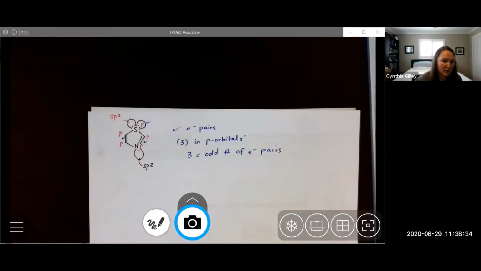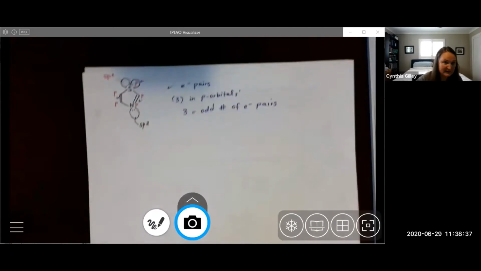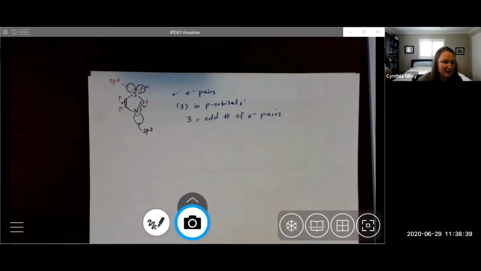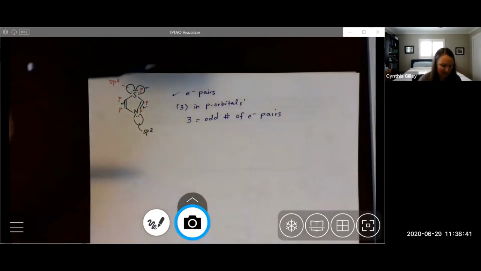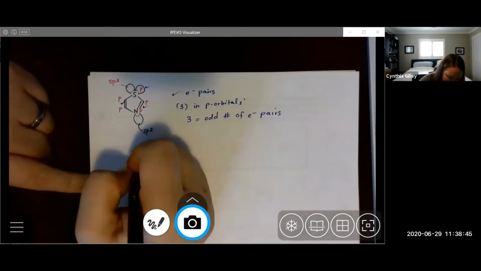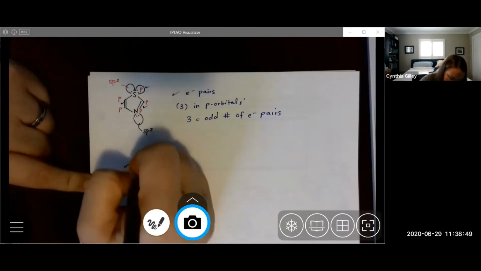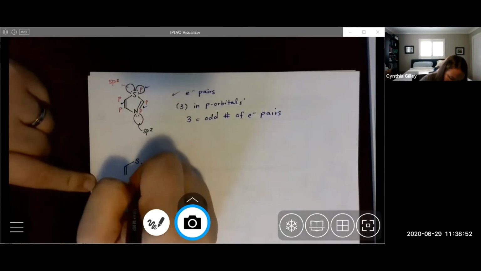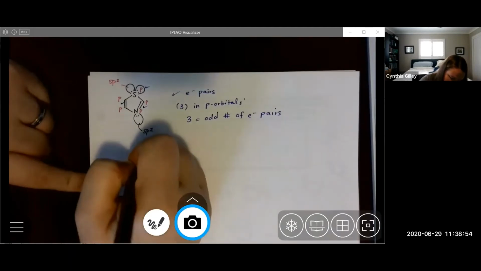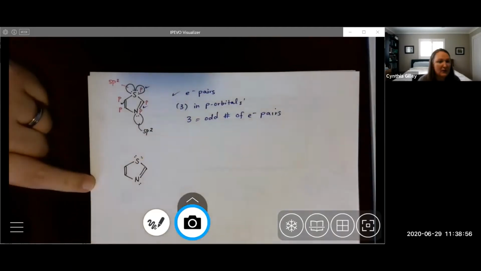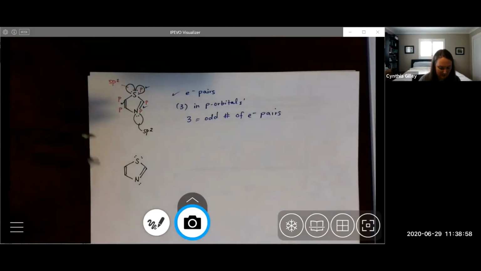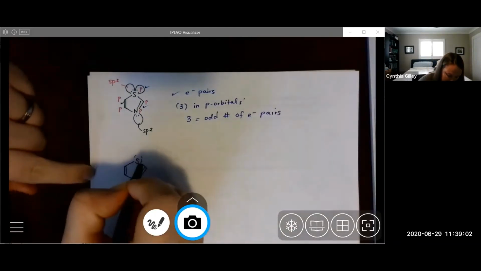Okay, so when we are drawing resonance here, we really don't care about lone pairs that are in hybridized orbitals. We only deal with the lone pair in the p orbital. That's the only one that we care about. Of course, you'll still draw them, but we don't really care about them. We are going to start at that lone pair in a p orbital, though.